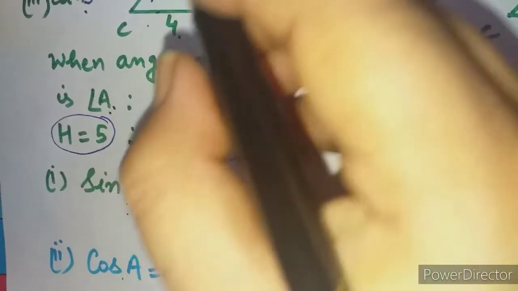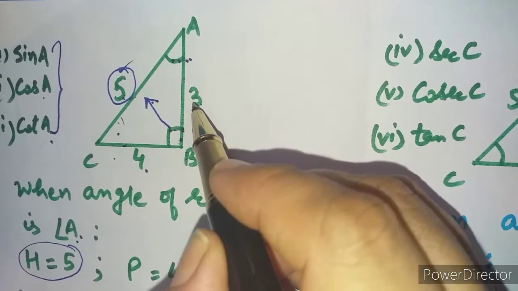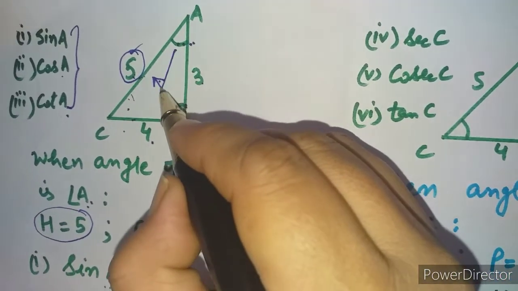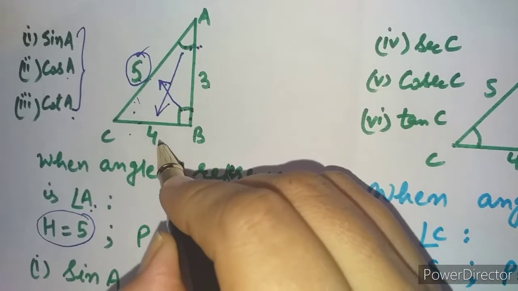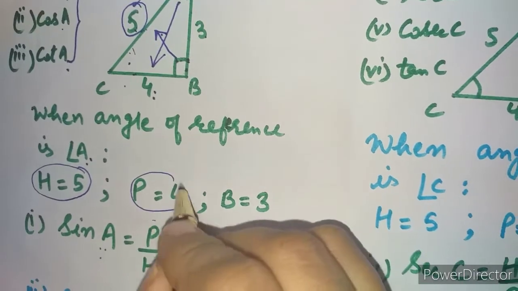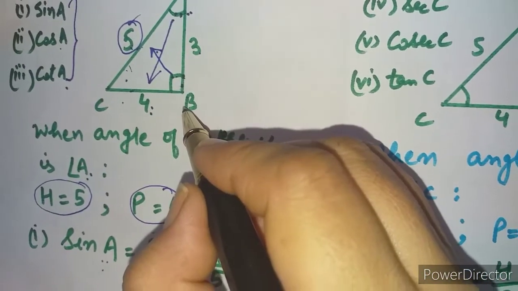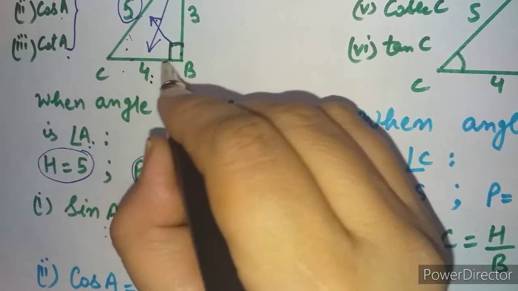Now we will see, if the angle of reference is angle A, what will be our perpendicular and base? Do you remember the definition of perpendicular? The side opposite to the angle of reference. The angle of reference is here, and opposite to it is 4. So perpendicular is 4. Where will the base be? The base is the side which contains the angle of 90 degrees with the perpendicular.